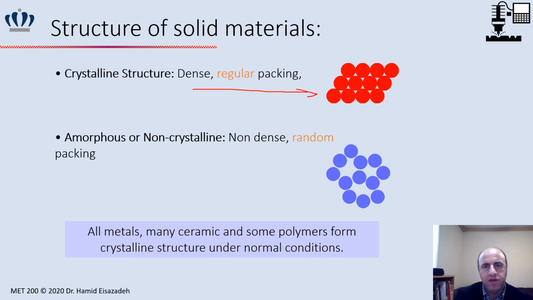So we don't have a dense packing, or they call it non-dense, and they call it amorphous or non-crystalline. In metal and some ceramics and some polymers, we see crystalline structure under normal conditions.